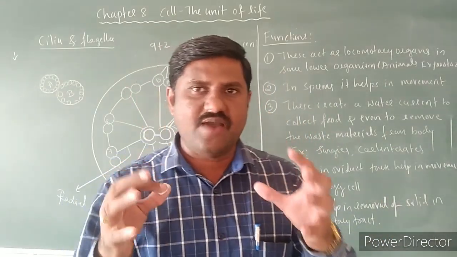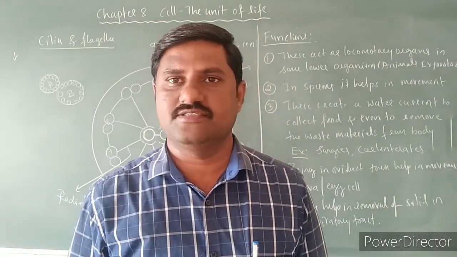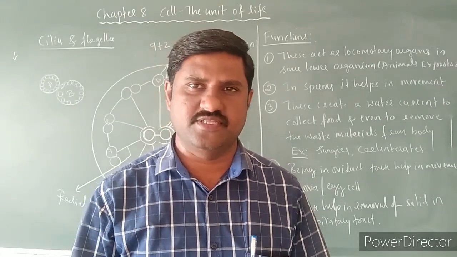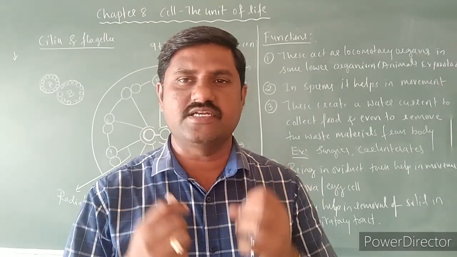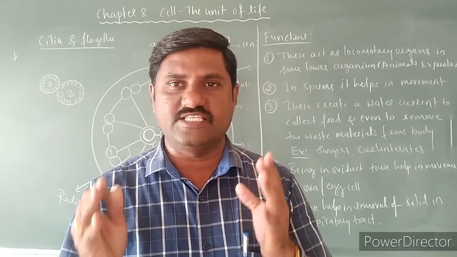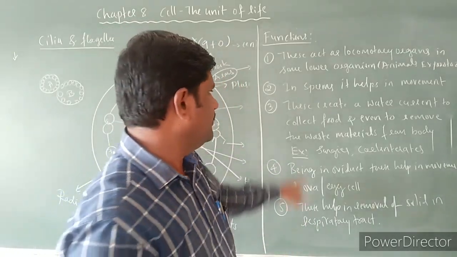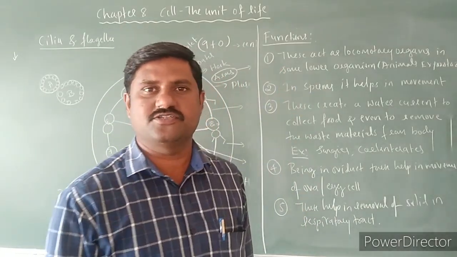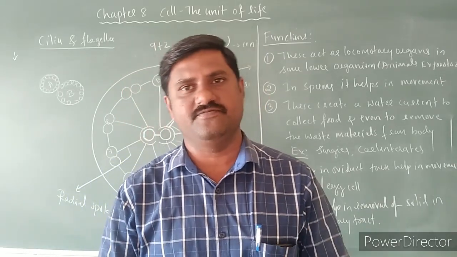They prevent the entry of solid materials, and trap them, maybe dust particles or some other microbes. So these are some of the important functions of cilia as well as flagella.